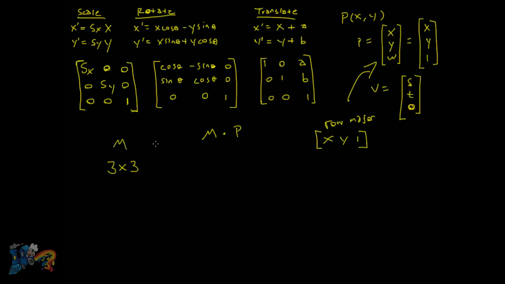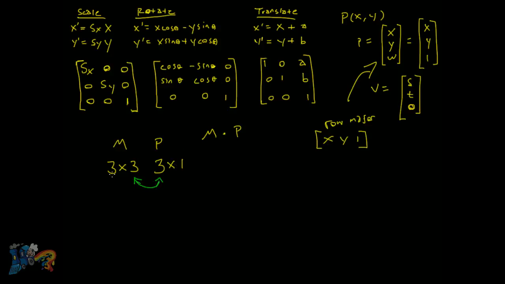So M. And P, in column major, has 3 rows, and 1 column, 3 by 1. Well, matrix math tells you that in order to multiply two matrices together, the inner dimensions have to match.